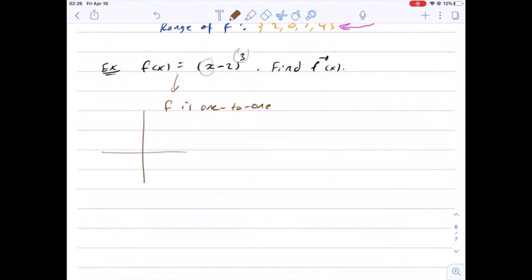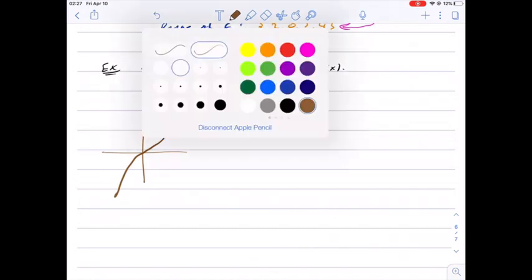Now, what is the basic function? The basic function is x cubed. But we have 2 subtracted from the variable, not from the whole expression. So it's x minus 2.